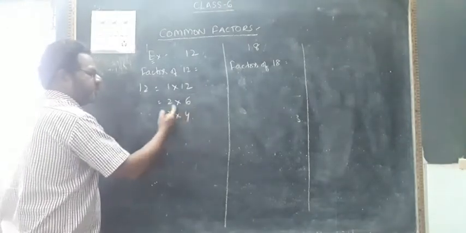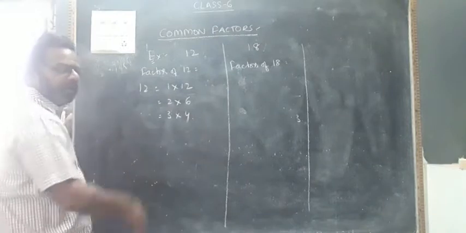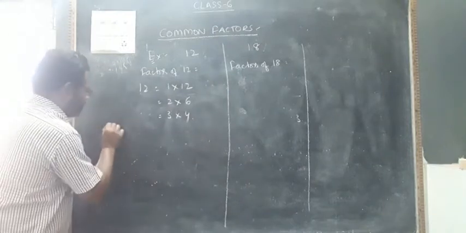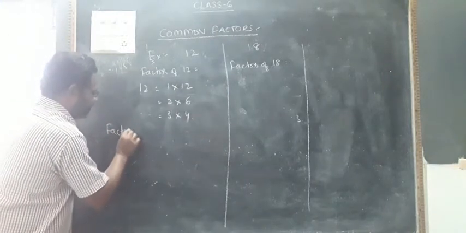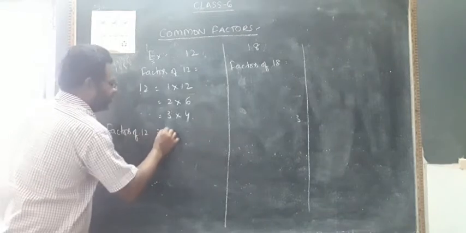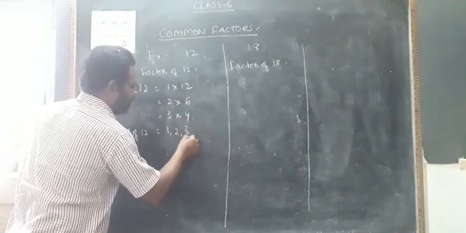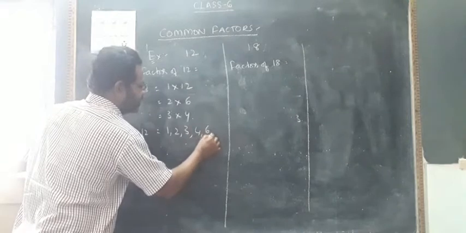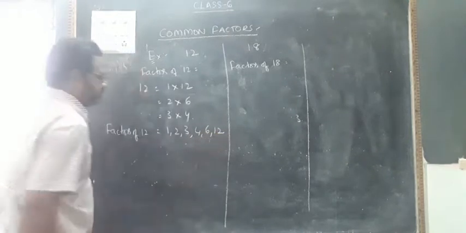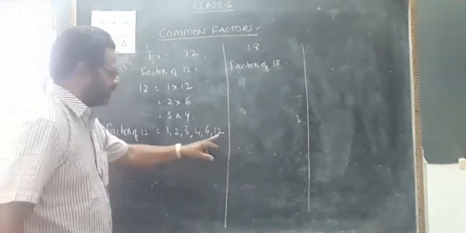Again 4 3s are 12, 6 2s are 12. Already we know this method. So now we can write factors of 12 is equal to 1, 2, 3, 4, 6, 12. Okay, 1 2 3 4 6 12.